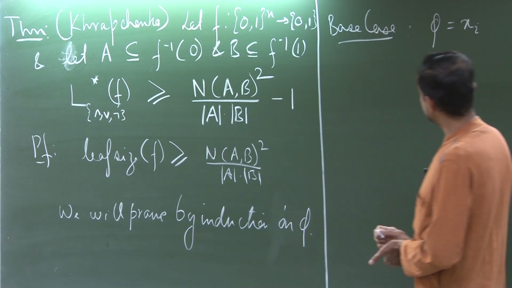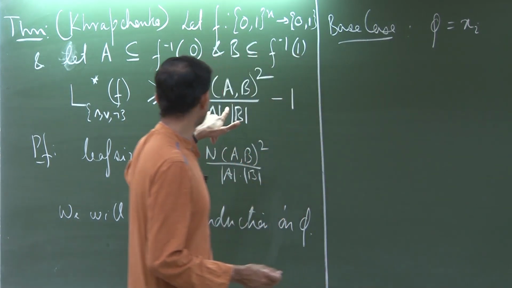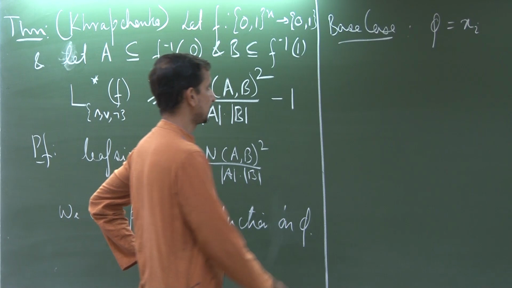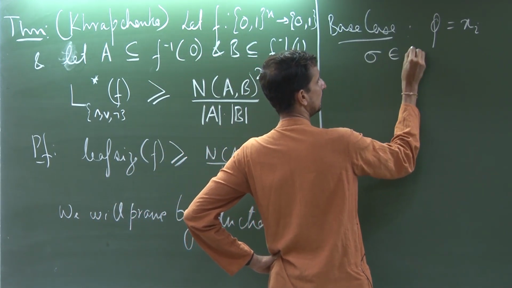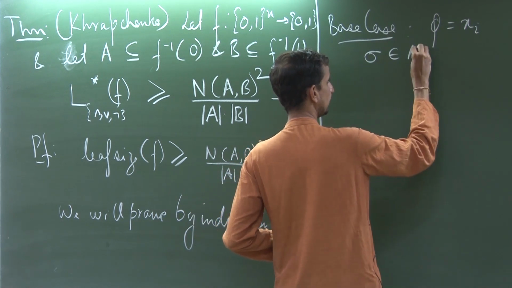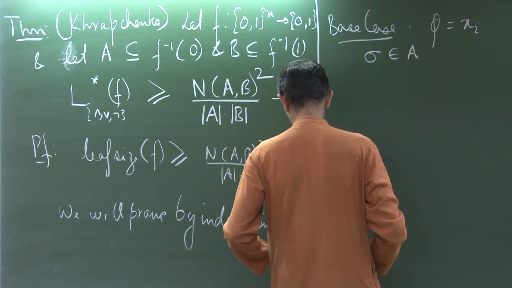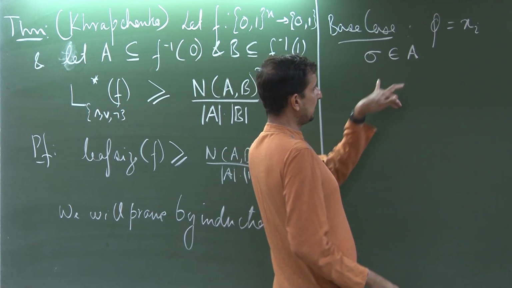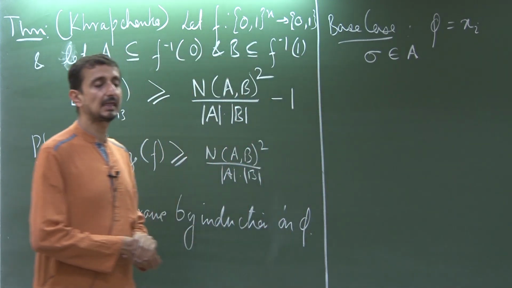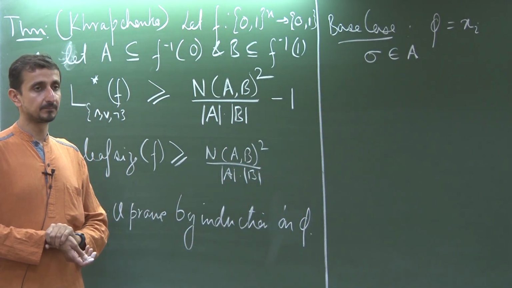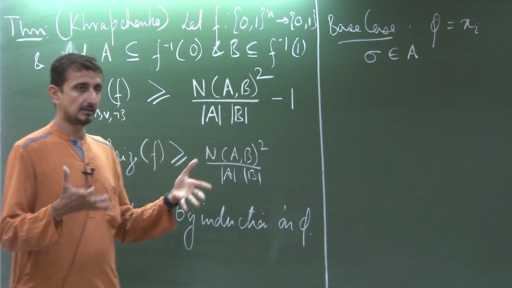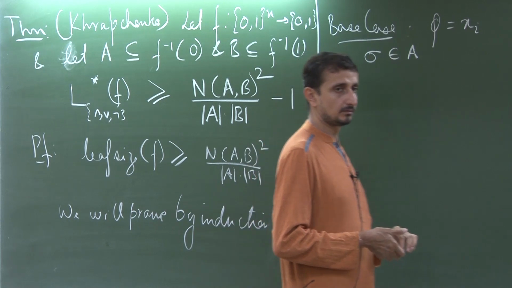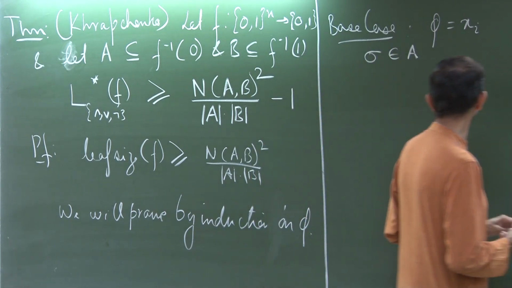If I take any sigma belonging to A, how large can N(A,B) be?